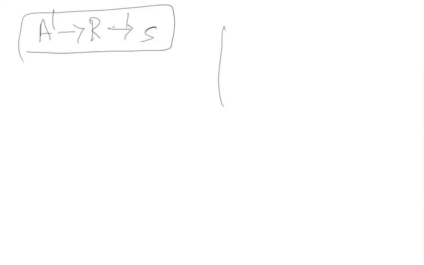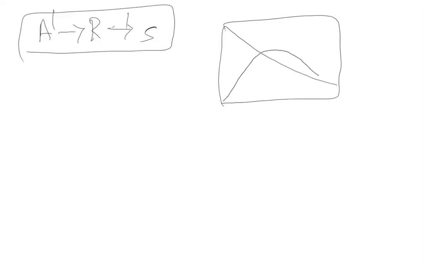So what is the plot here? A will be decreasing, R will be increasing and then decreasing, S will be increasing. So this is R, this is A, this is S.